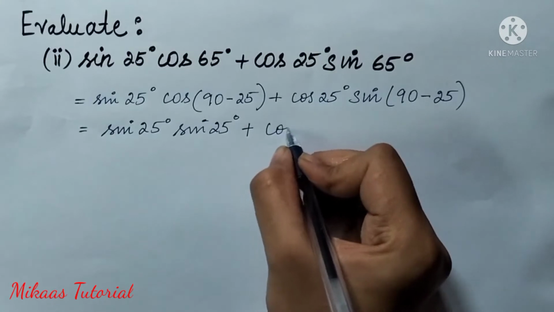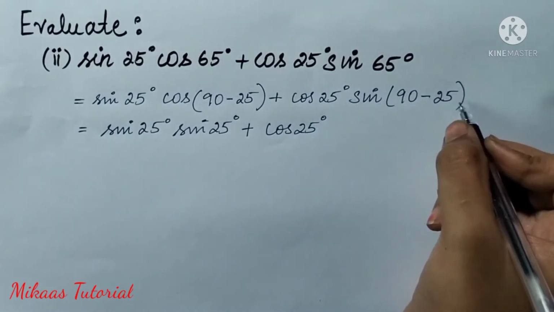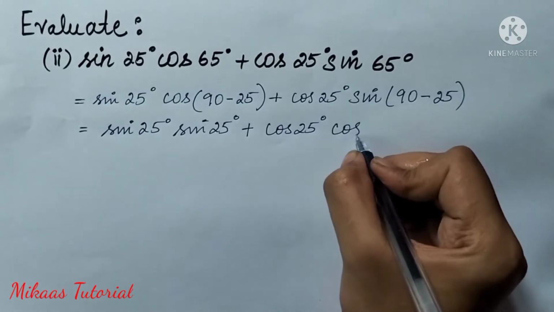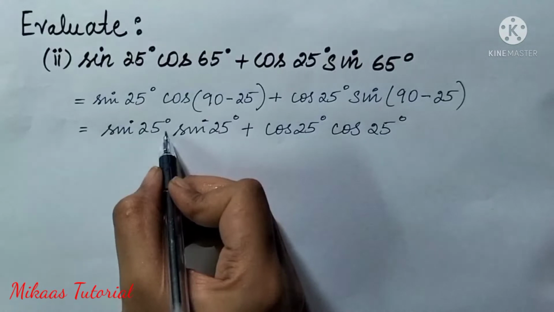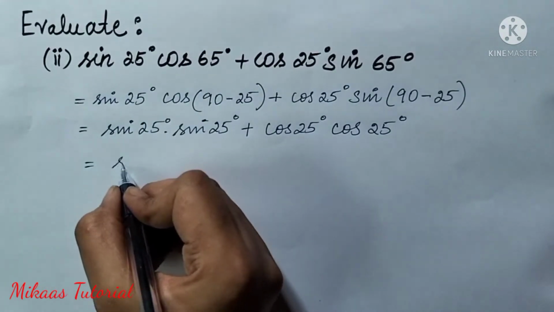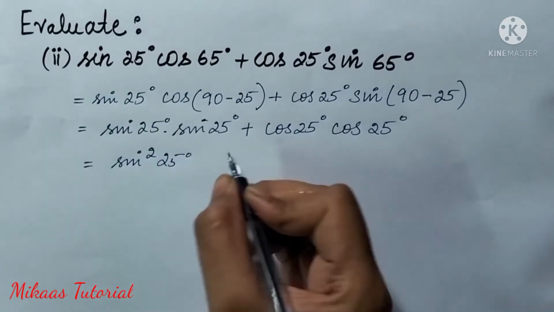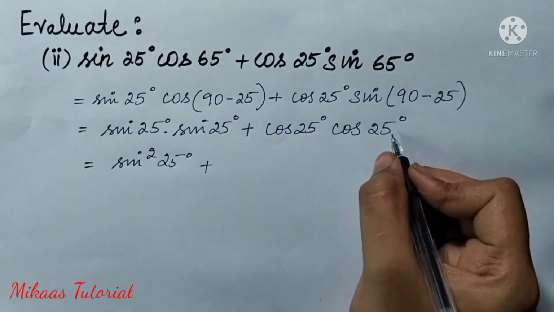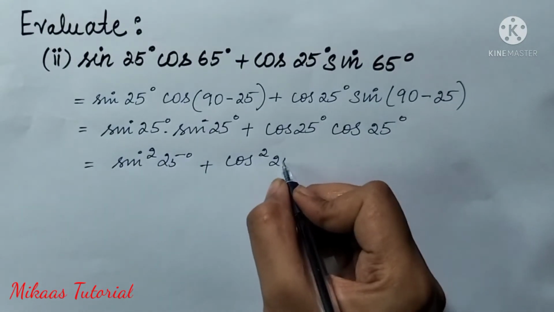Same way you write here also. Sine 90 minus a is cos a, that is cos 25. Now sine into sine, sine a into sine a is sine square a, that is sine square 25. Same way cos into cos, what is that? Cos square 25.